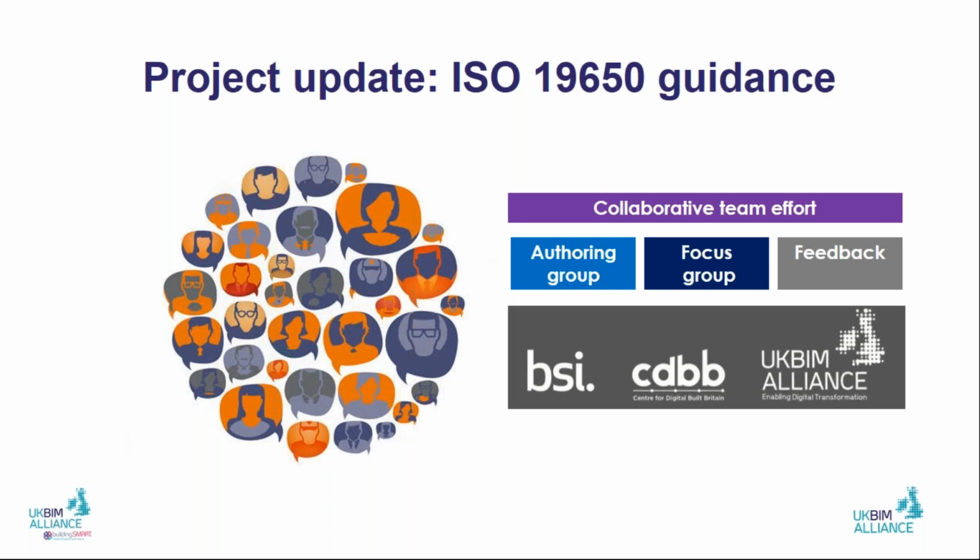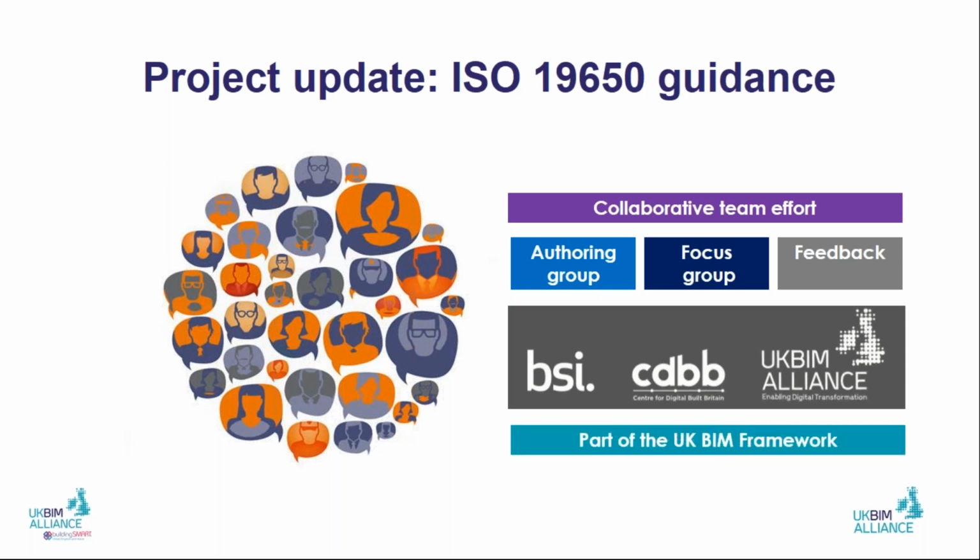And since then, I think it's really fair to say that we've had a truly collaborative team effort in play. Now, that's not just the collaboration of the individuals that have put themselves forward as authors and to provide feedback, but it also represents the working partnership of the UK BIM Alliance, the Centre for Digital Built Britain and the British Standards Institution. And together, we're providing the UK BIM framework, which comprises international and British standards and the associated guidance.